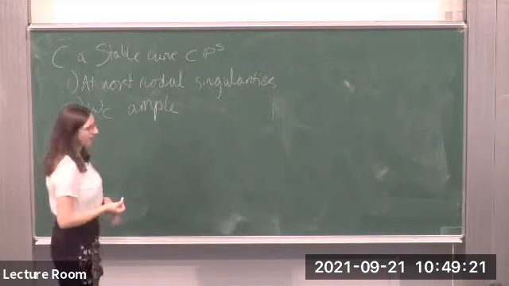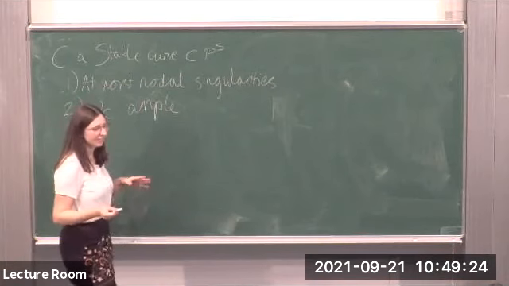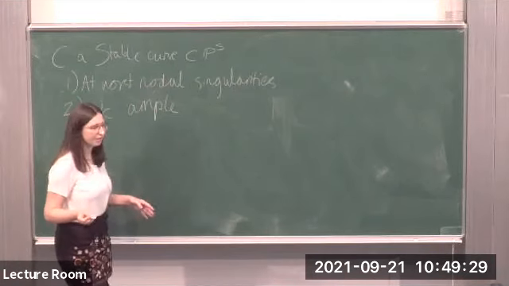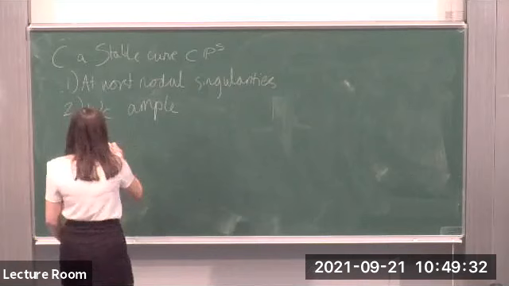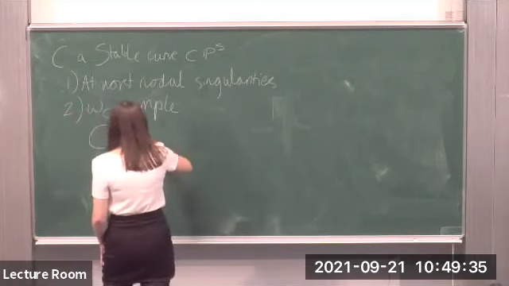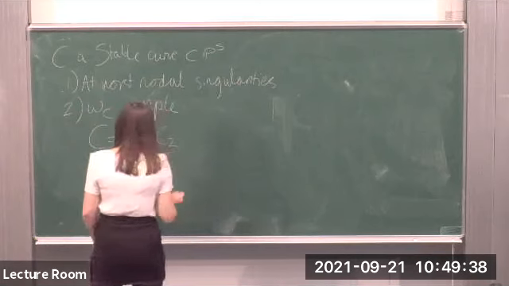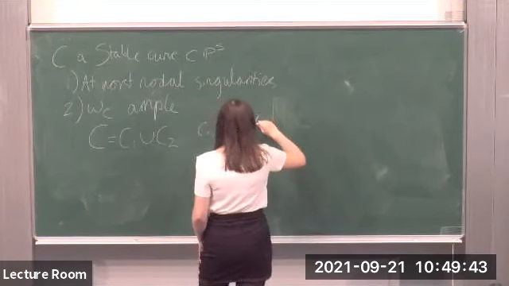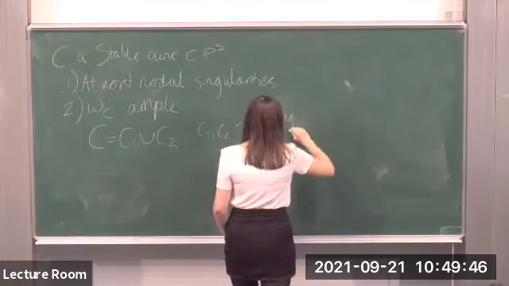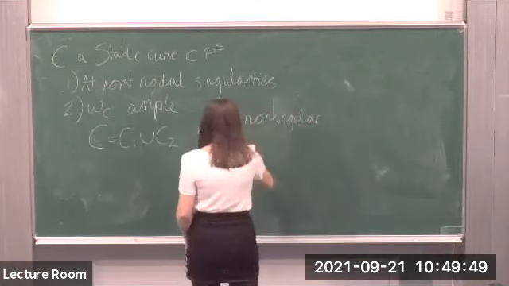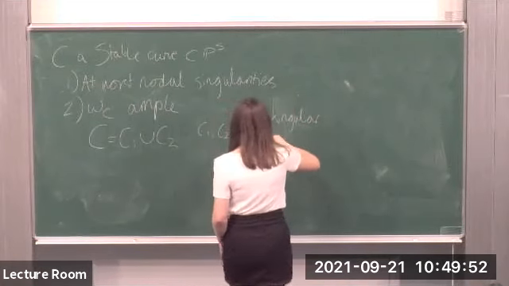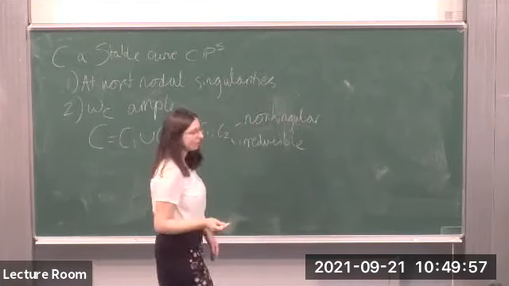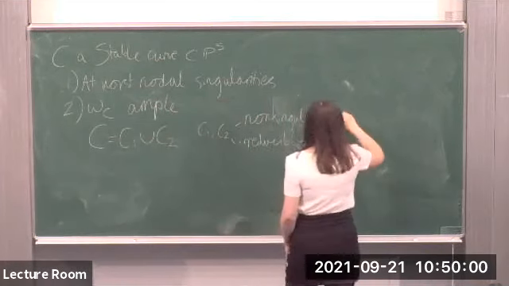We wanted to focus on simpler cases, so not cases where C breaks up into lots and lots of little pieces. Most of our curves are going to be specifically the case where C is the union of C1 and C2, where C1 and C2 are non-singular and irreducible, and we want them to meet transversely in d points.